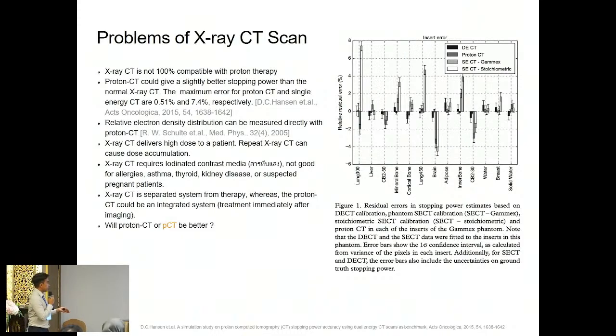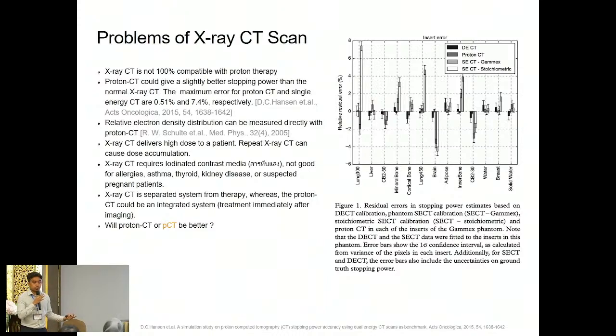The second thing is, when you do the X-ray CT, the doctor cannot repeat the X-ray CT that often, because the patient will accumulate a higher dose, more than the limit. This means the doctor has to wait for a while and then do the CT scan again. And we expect that the proton CT would deliver a lower dose compared to the X-ray CT, because with the proton CT you just shoot the proton through your body and there is no Bragg peak in your body.